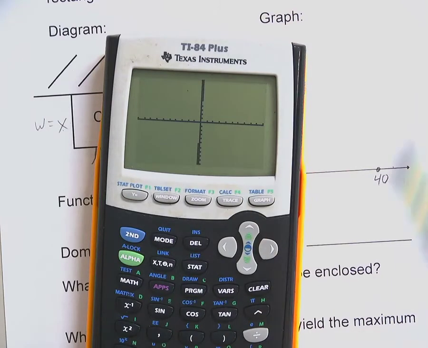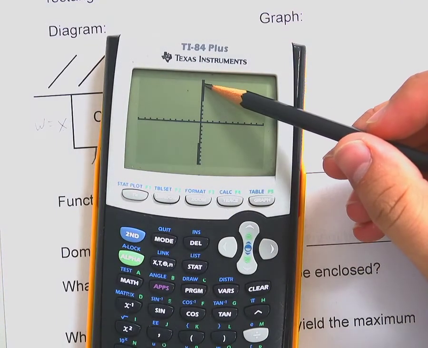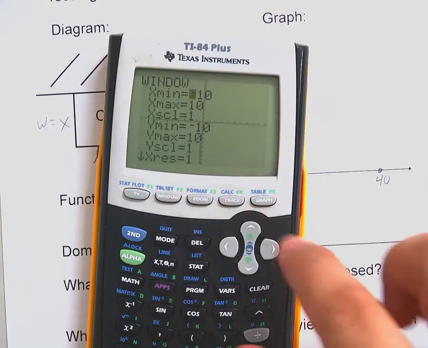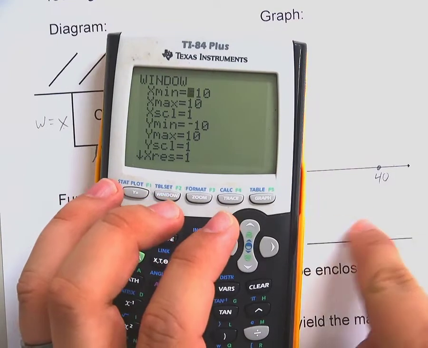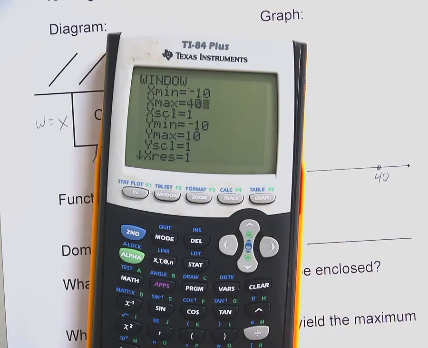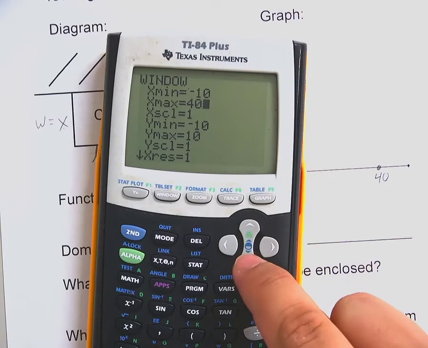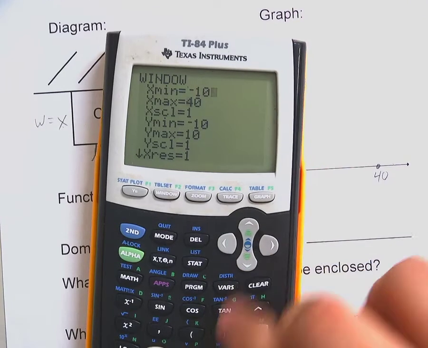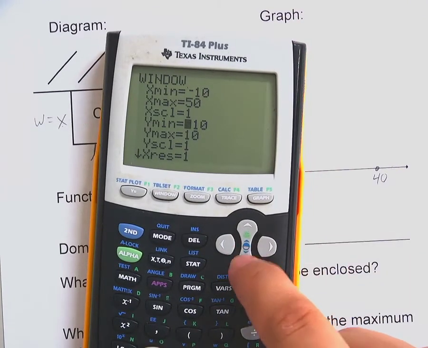Okay, I can see it popped up right here and here, which means it's going to be really steep. And I don't see it coming back down, so my window's got to go out to 40. Well, that kind of makes sense that I don't see it then, doesn't it? So my x max is 40. You know what? Let's make it 50, just so I can see it.